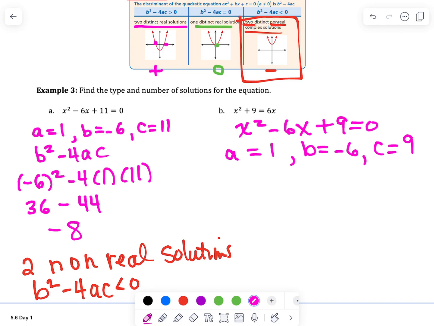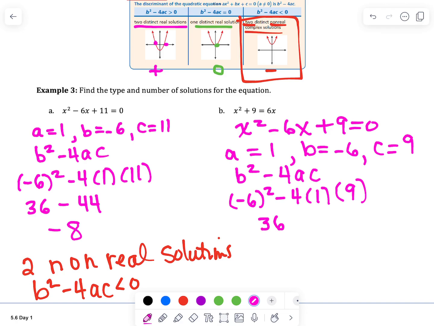We substitute it into our discriminant expression. Substitute -6 in for b, 1 in for a, and 9 for c. And then we simplify. We get 36 minus 36, which simplifies to 0.